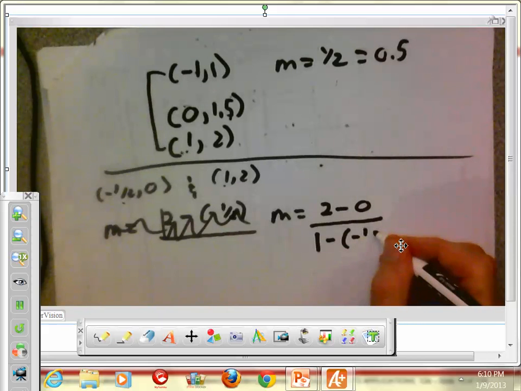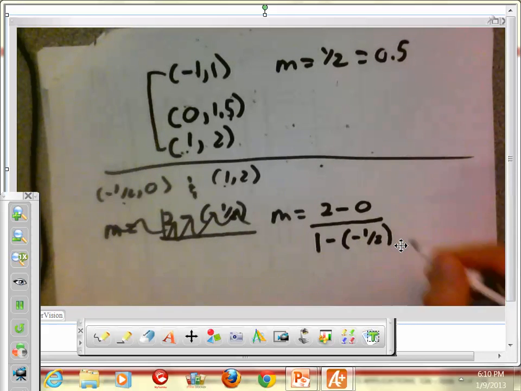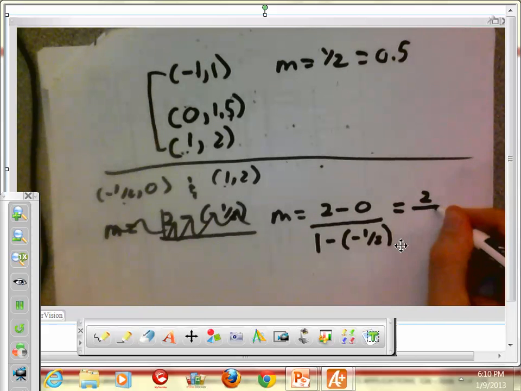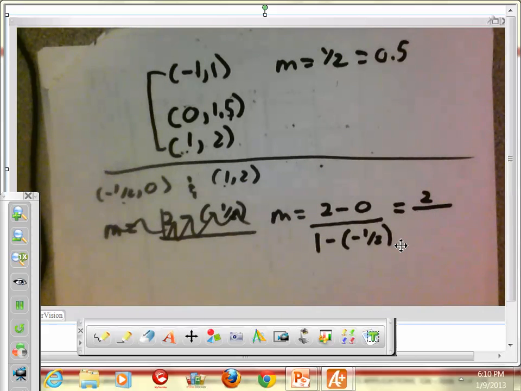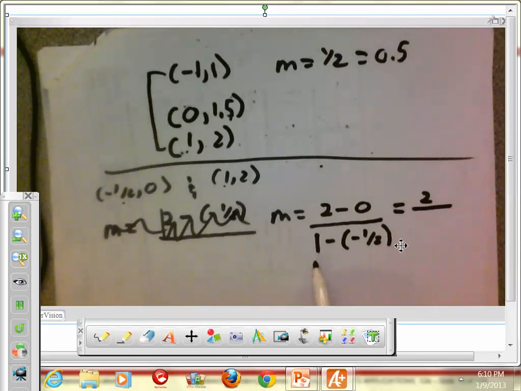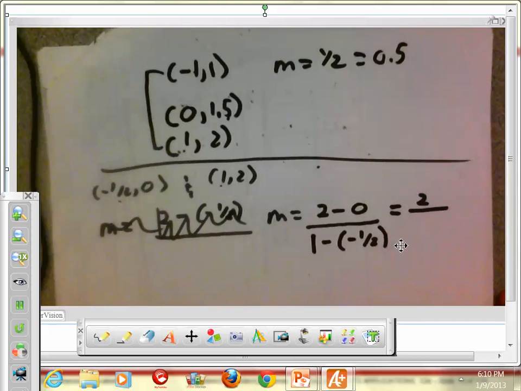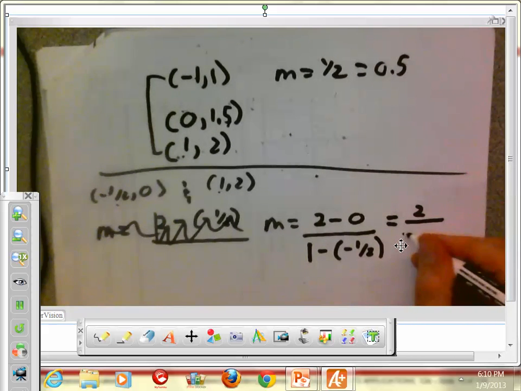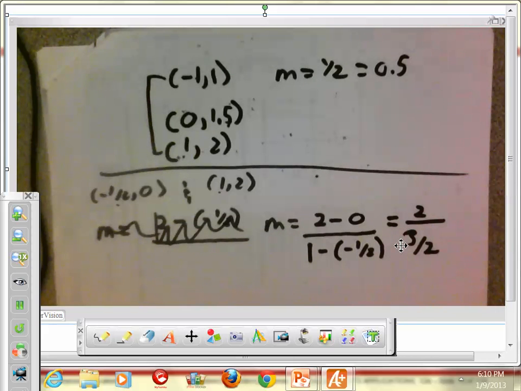Now, this is going to be equal to 2, divided by 1 minus a negative 1/2, which is going to be 1.5 or 3/2, and this is just going to be equal to 4/3.